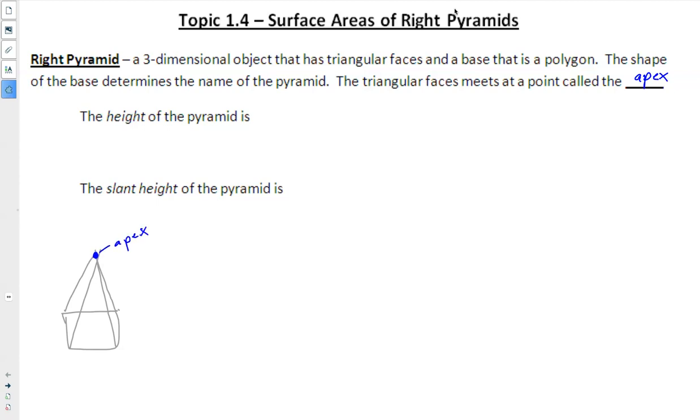From there, we will introduce the height of the pyramid. The height of the pyramid goes from the center of the base. It forms a perpendicular line, so a right angle, to the apex from the center of the base. So that is my height.